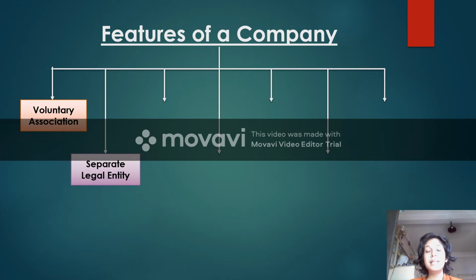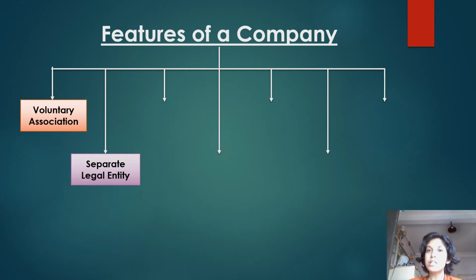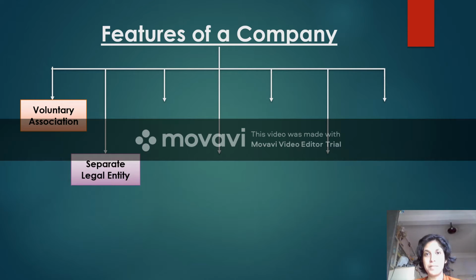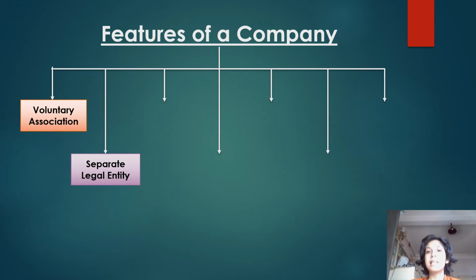And when a company deals with another company or a person, the company itself as an artificial person deals with that person. The members do not deal. The members are the representatives of the company. Members and company are two different setups, two different entities. Okay? And this separate entity concept is under the law. So it is known as separate legal entity.